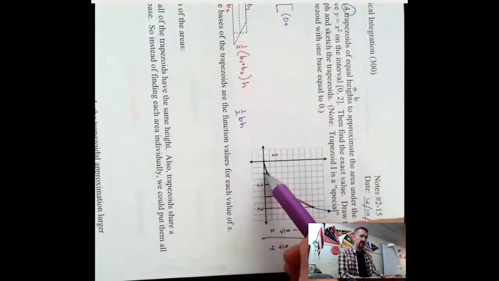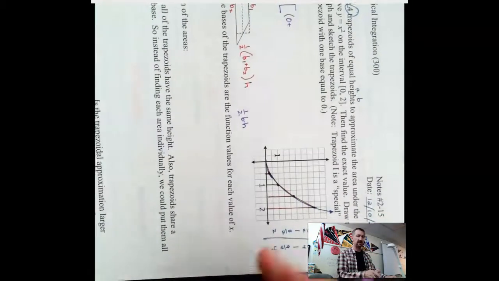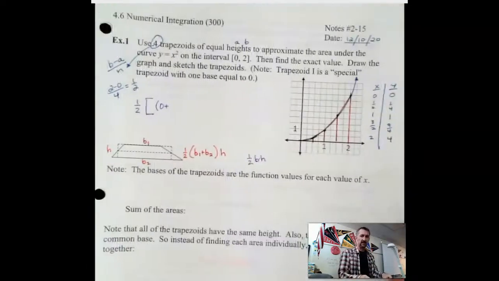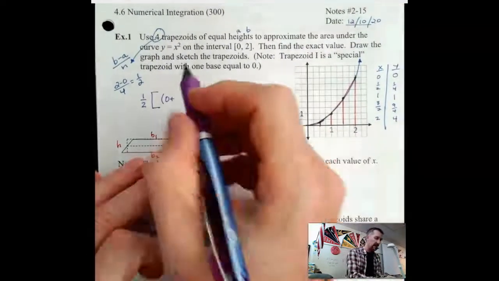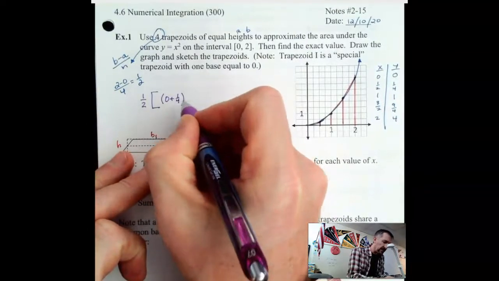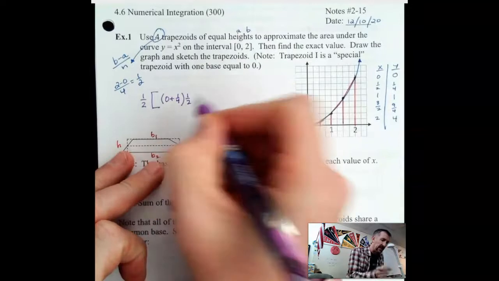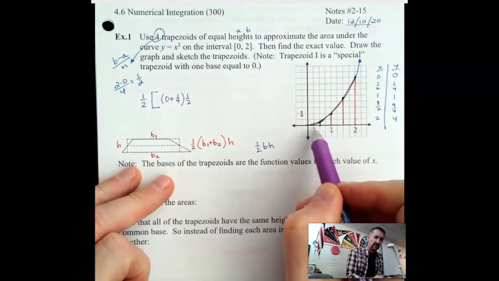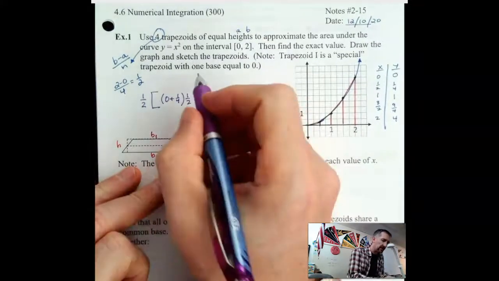A lot of people are used to looking at trapezoids from the side. You could do that if it made you feel better about your trapezoids, with the bases on the top and the bottom. But it shouldn't technically matter. So that next one was 1/4, and then the height is going to be 1/2. This is the height of the trapezoid.